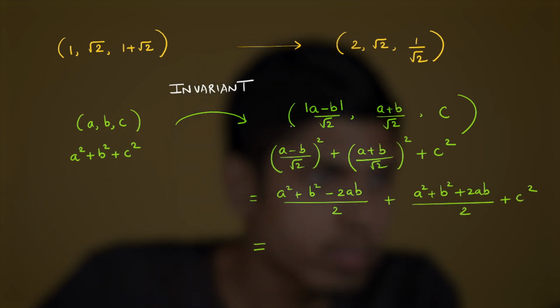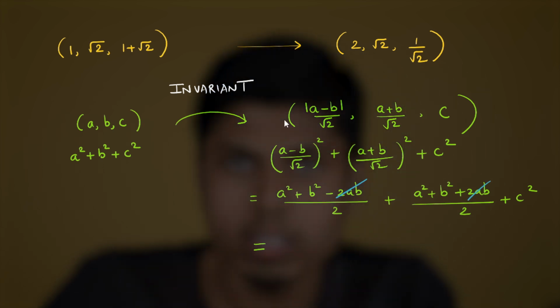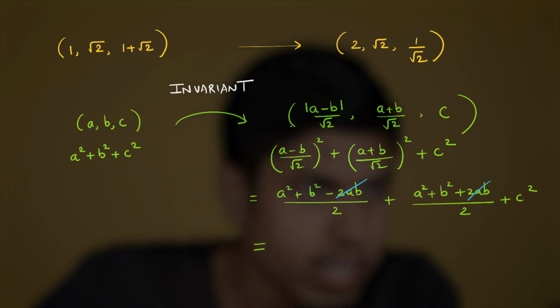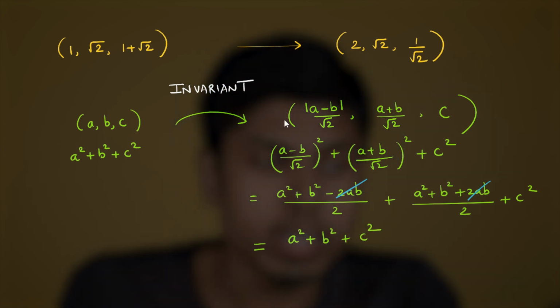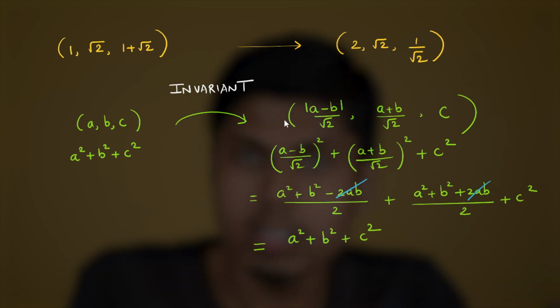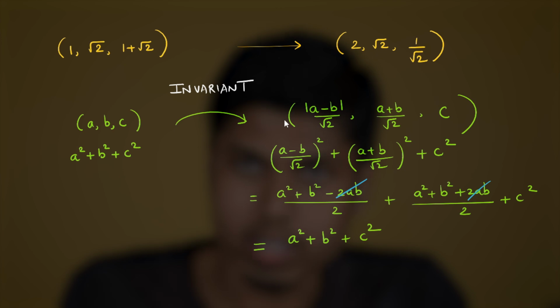Now clearly the minus 2ab and plus 2ab cancel each other, and that yields a square plus b square plus c square, which is the same as our earlier value for the preceding triplet. And this is just astonishing. This invariant is going to help us solve the problem.